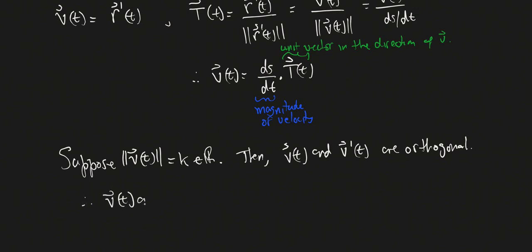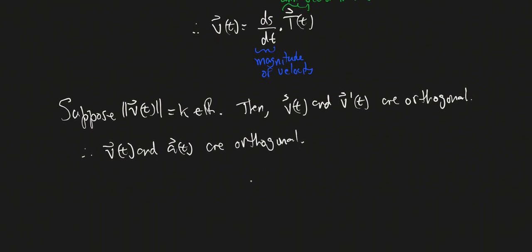So therefore, v of t and a of t are orthogonal. So that means if the speed of my object, or the speed of the curve, is constant, then it means the velocity vector and the acceleration vector are going to be at 90 degrees.